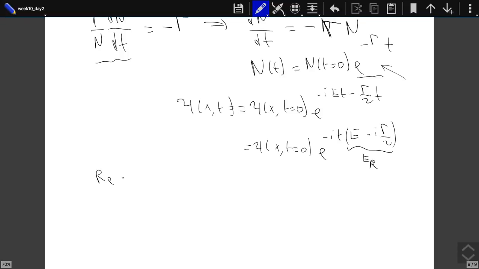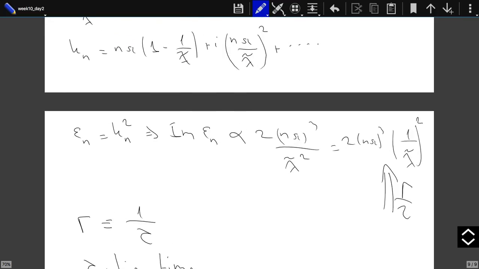Real part of the resonant energy is nothing but the energy of my bound state, or object that is confined state, let's say. And the imaginary part is nothing but the tunneling probability with a minus sign. So here we have both of them. And if you just take the imaginary part, the tunneling probability, we already expect it to be 1 over λ squared, and it actually turns out to be proportional to 1 over λ squared.